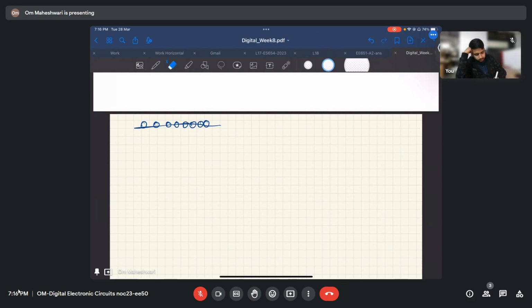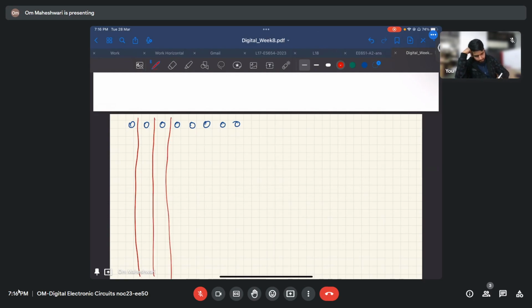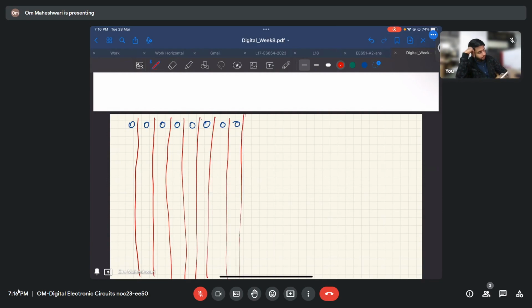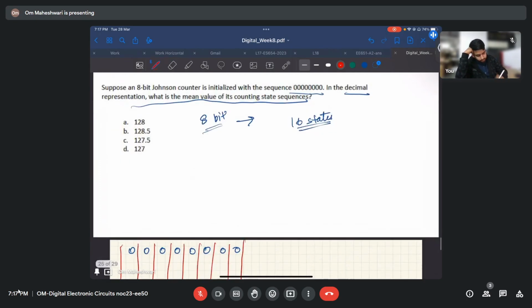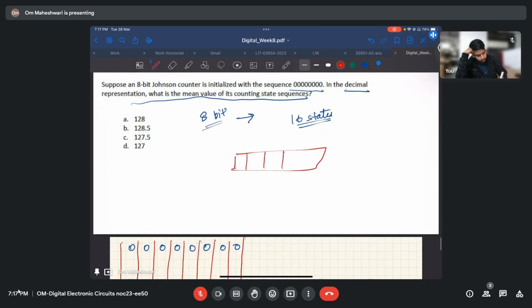Okay, let me write it better. Okay, so you remember, right? What is a Johnson counter? Q1, Q2, Q8.